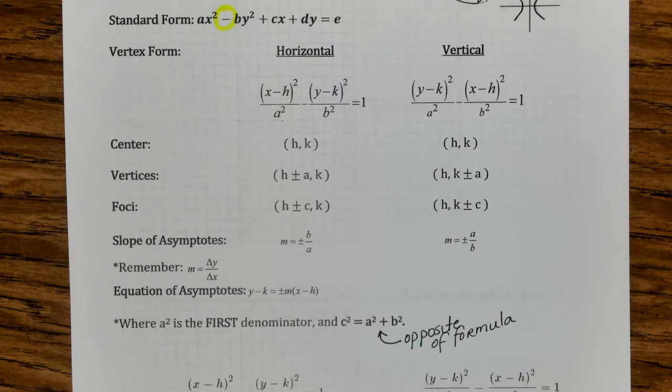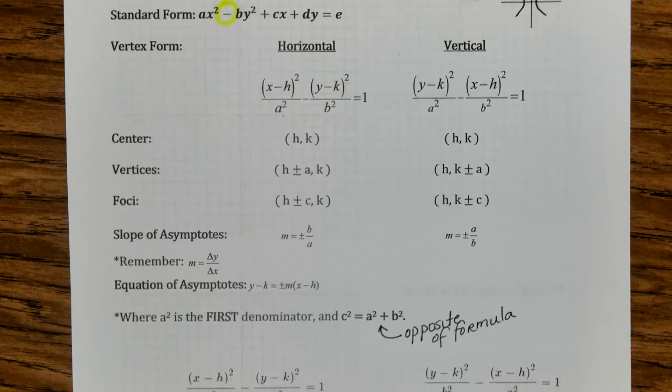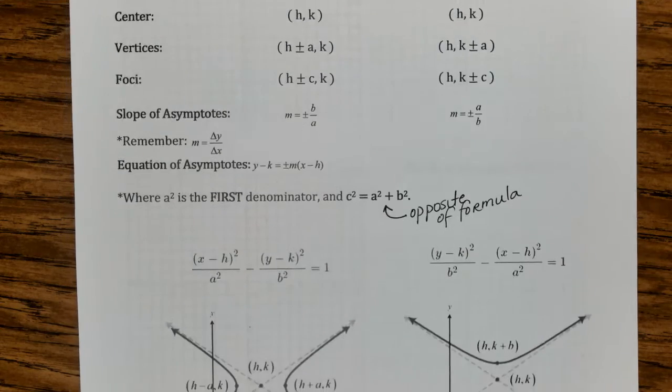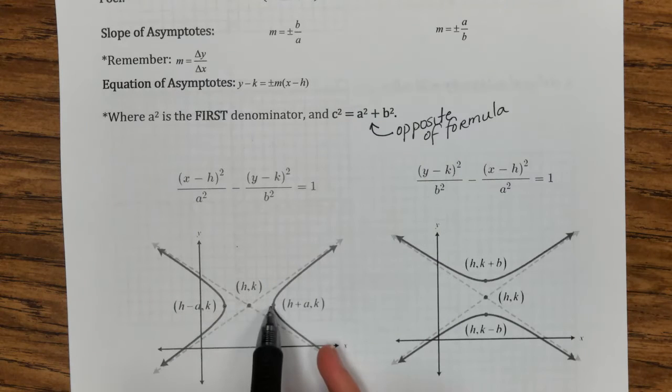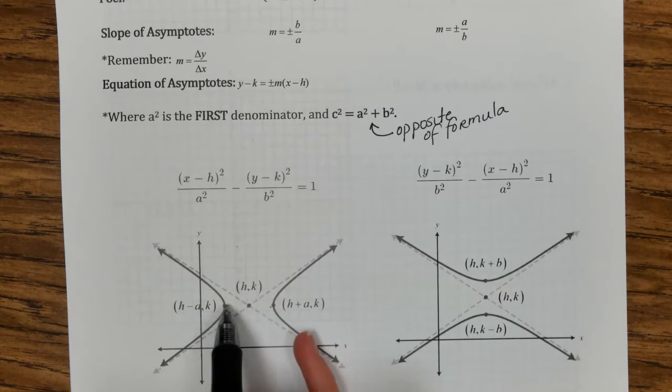Okay? Now you're still going to have center (h, k), your vertices. Now we're only going to look at what we have been considering the major vertices. So the vertices for b that we were doing with ellipses, we're not going to have that in our work for hyperbolas, because if you look at this diagram down here, your major vertices would be right here, which is what you use for your a.